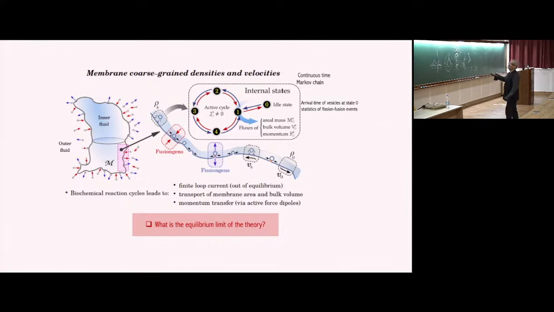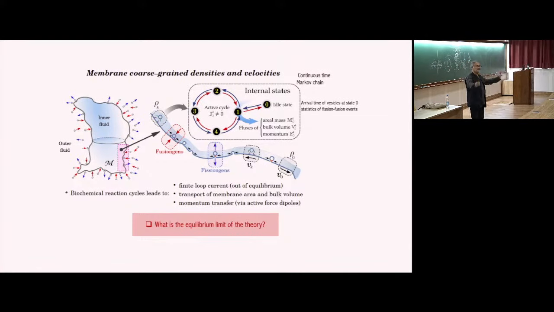The other equilibrium limit is more subtle. This has to do with the statistics of vesicles coming in and going out from the mother membrane. Just imagine that the time scale tau, which we declare to be a millisecond, is very large. Let's say it's an hour. So every 1 hour, one vesicle comes and fuses.